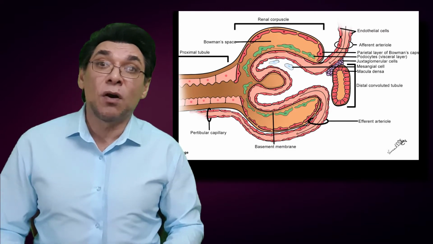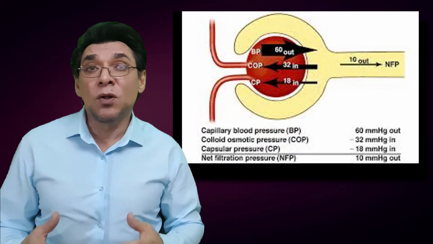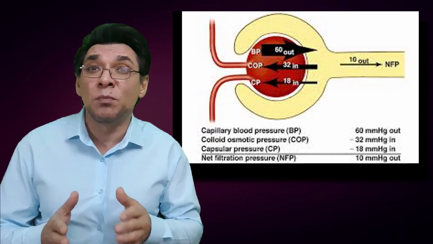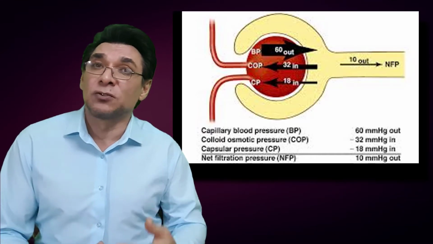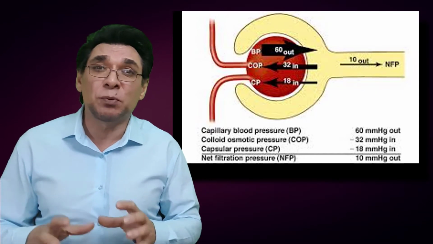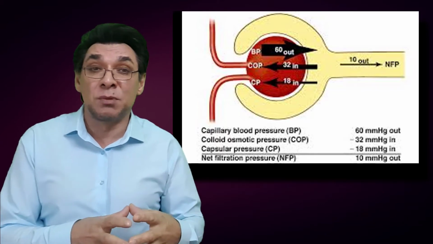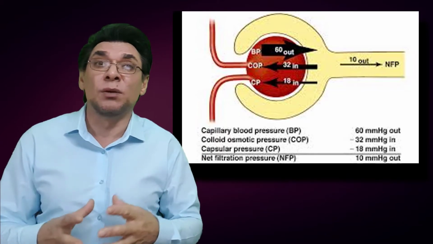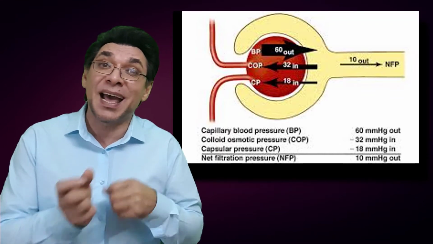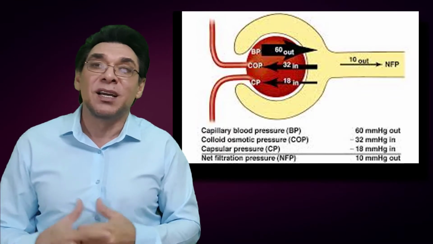The formation of filtrate depends on a pressure gradient called the filtration pressure, which forces fluid from the glomerular capillary across the filtration membrane into the Bowman capsule. The filtration pressure results from forces that move fluid out of the glomerular capillary into the Bowman capsule minus the forces that move fluid out of the Bowman capsule into the glomerular capillary.